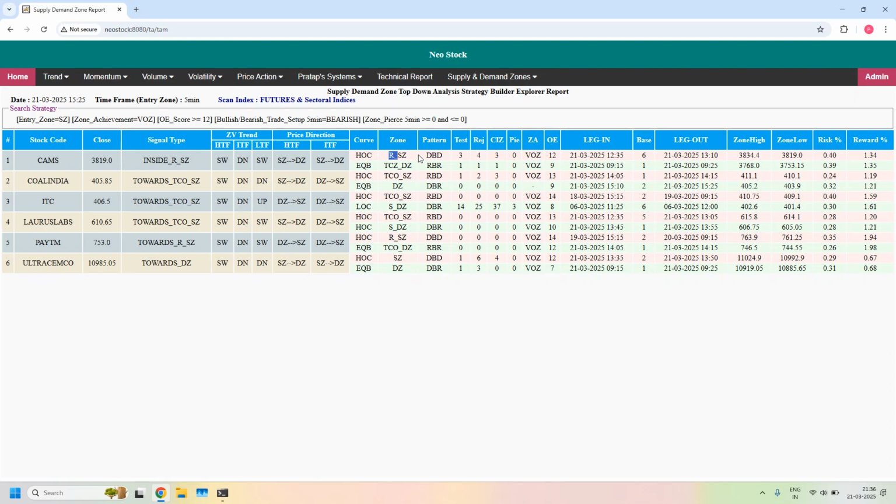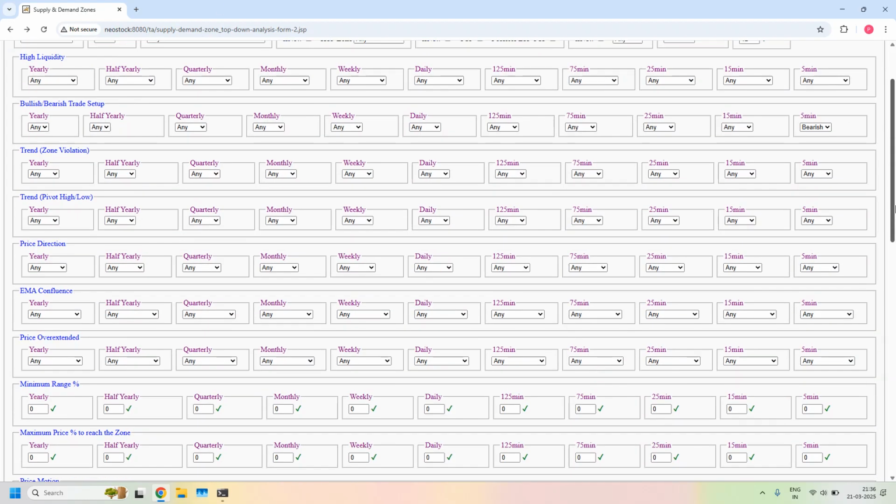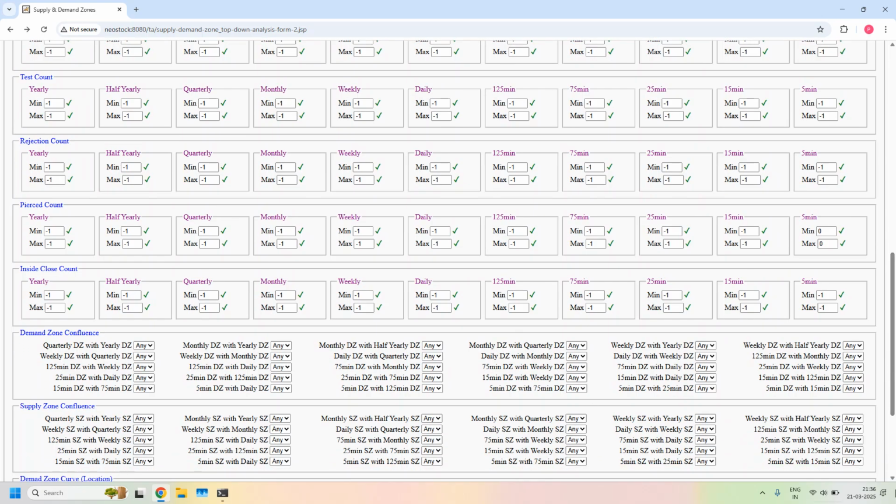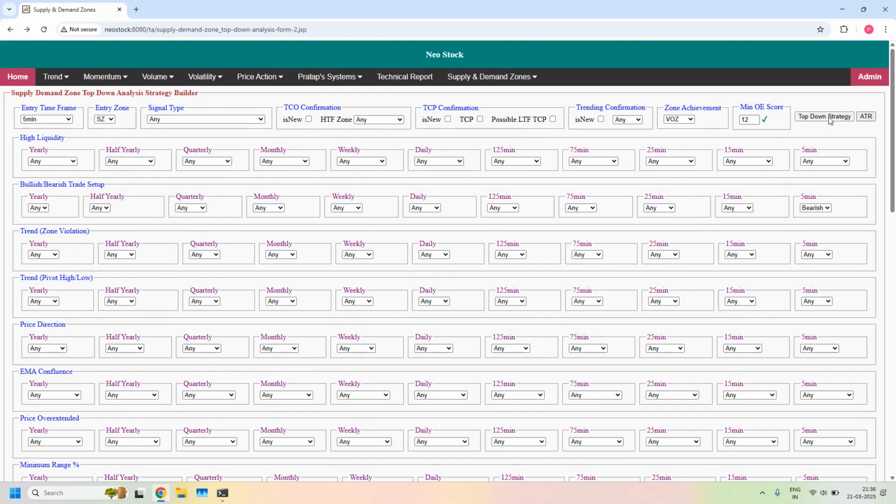Out of these 6 5 minute supply zones, let us verify how many are having LTF ITF supply zone Confluence. That means 5 minute supply zone should overlap with 15 minute supply zone. Let us identify such kind of stocks. So I am enabling 5 minute supply zone with 15 minute supply zone Confluence supported stocks.